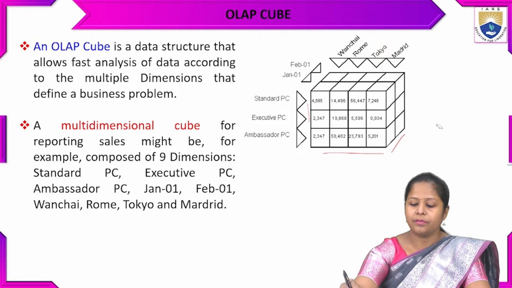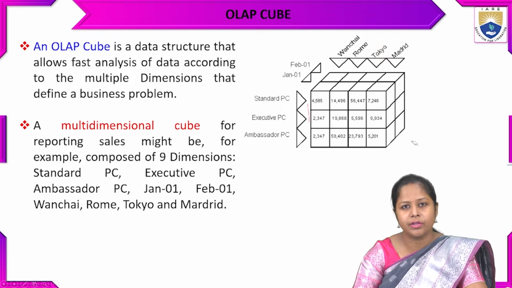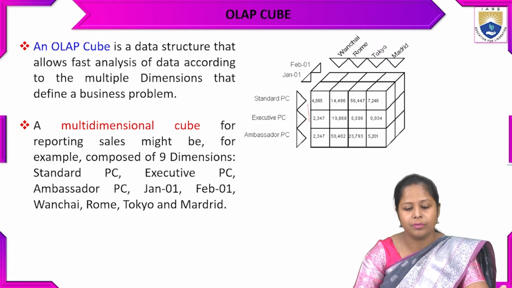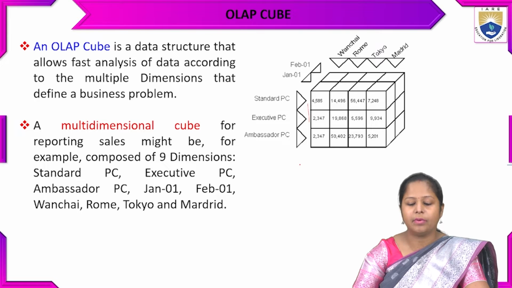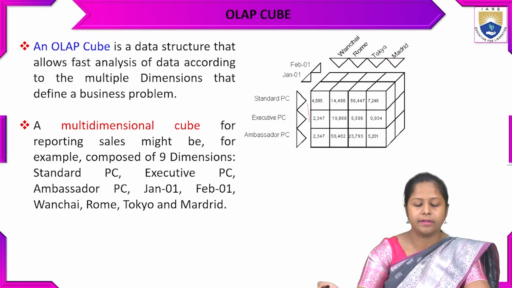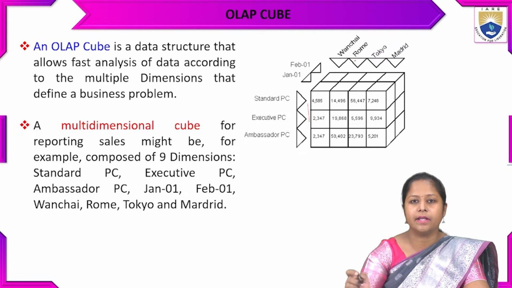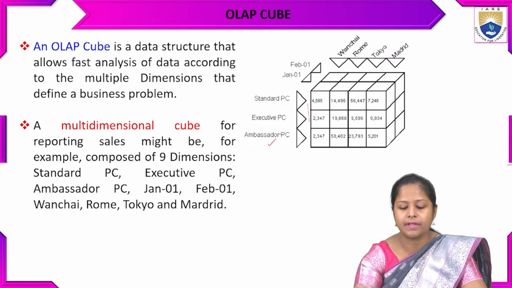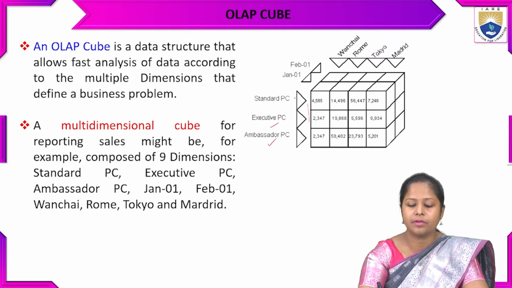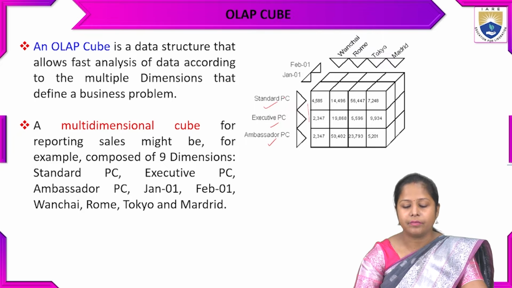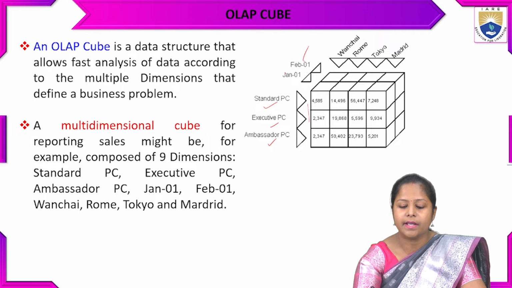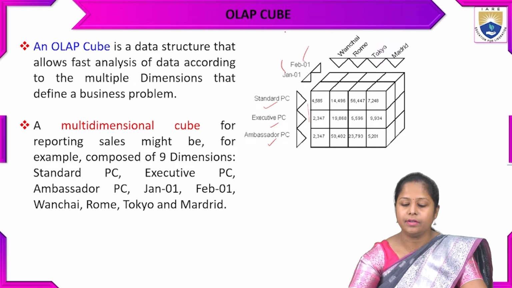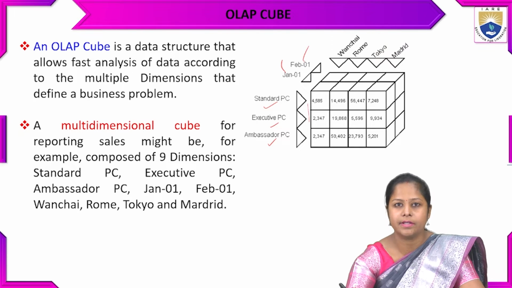In the figure we can see a multi-dimensional data cube. For reporting sales, some dimensions will be there, like here we can see 9 dimensions. On the first axis we can see Ambassador PC, Executive PC, Standard PC. On the other axis, here are Jan 01 and Feb 01, which are other dimensions of the data cube.